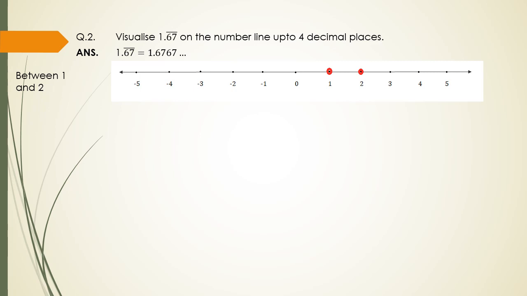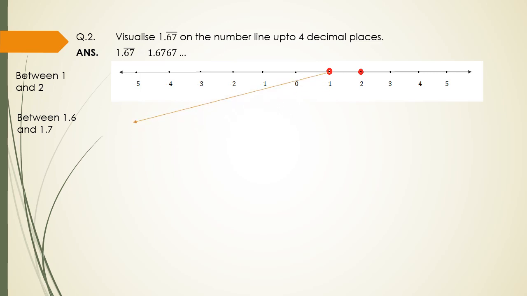Now the part of the number line between 1 and 2, we are going to divide into 10 equal parts. So our step number 2: we know that 1.6767 lies between 1.6 and 1.7. To get the next position, we are going to divide the part of the number line between 1 and 2 into 10 equal parts.